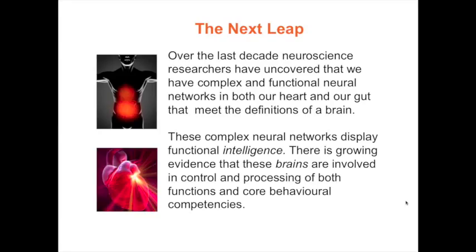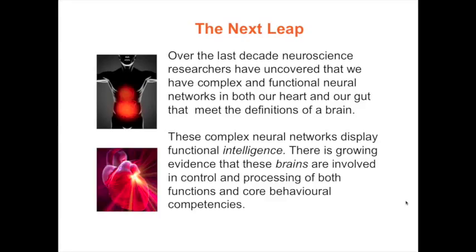The next big leap in our understanding of how we function and what we're capable of from neuroscience has occurred in the last decade. Researchers have uncovered that we have complex and functional neural networks not only in our head but also in our heart and our gut. These neural networks are so complex that they meet neuroscience definitions of a brain.